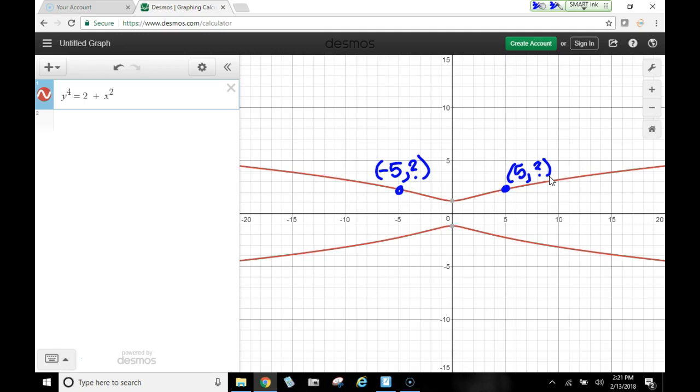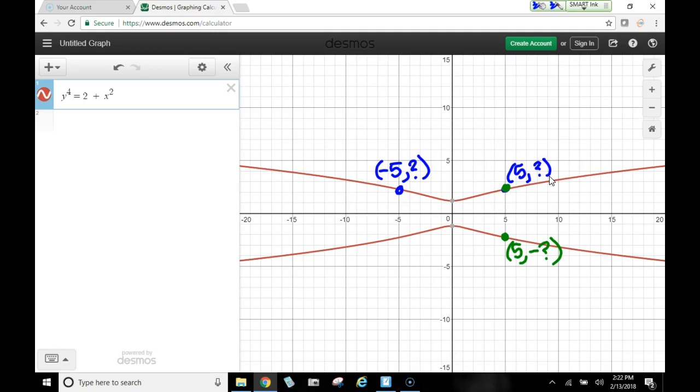Okay? To see if this thing is symmetric about the x-axis, if this is at 5 question mark right here, then the graph would also contain the point 5 negative whatever that was there. Okay?